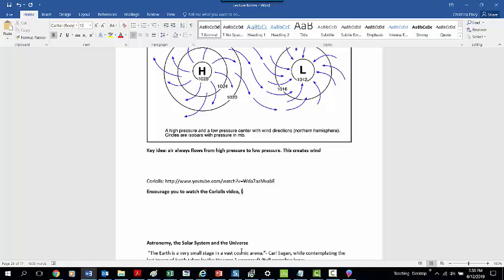But some key points include that spinning of air and water currents is often caused by Coriolis.